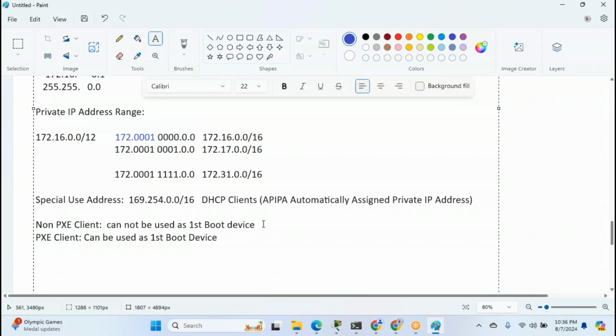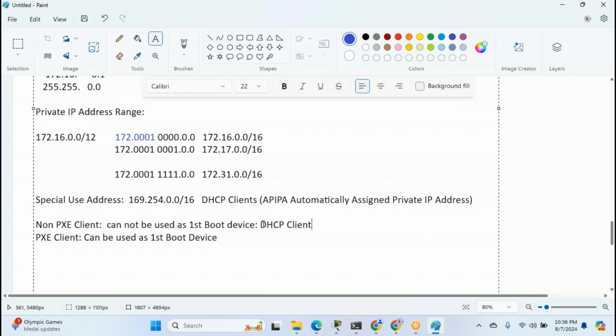When a network interface card cannot be used as the first boot device, we can configure it as a DHCP client. When your operating system is loaded, you can select obtain IP address automatically, and it will become a DHCP client.